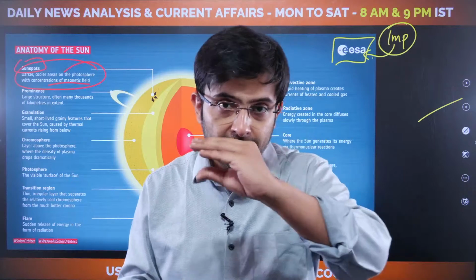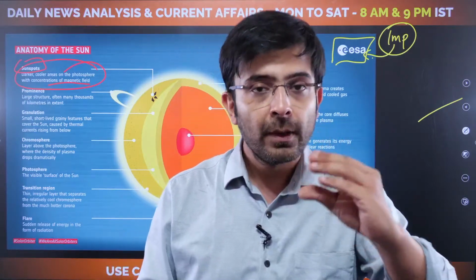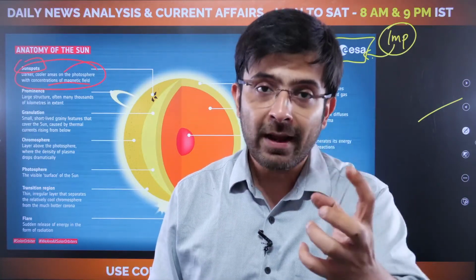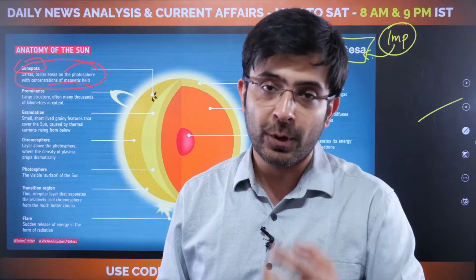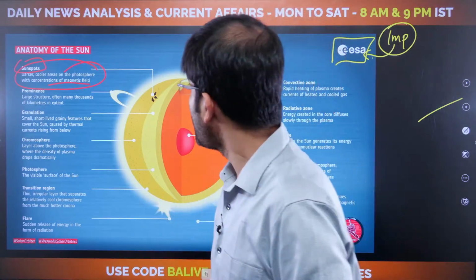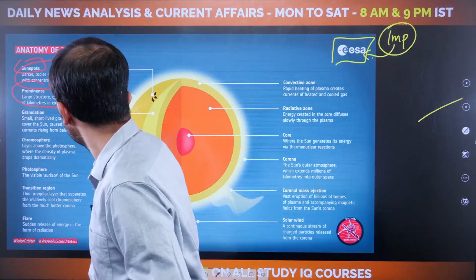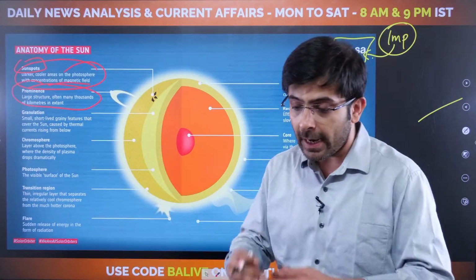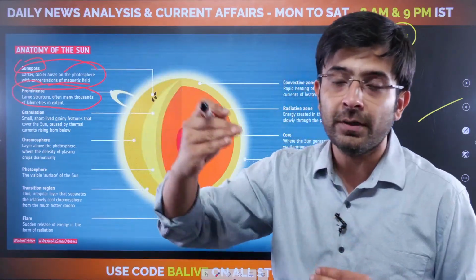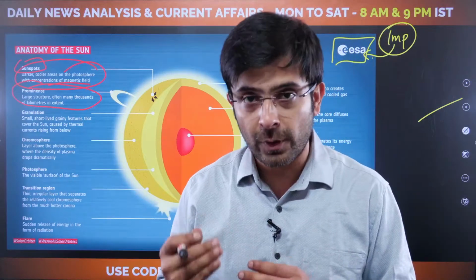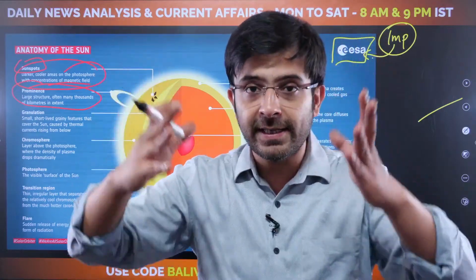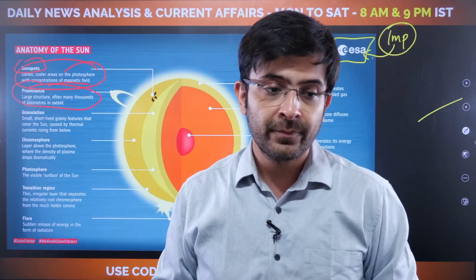During that intervening period when they are cool, they lose color, they become black, which is observed on Earth as sunspots. Then you have prominence, which is an outward extension of the sun's outermost corona. A lot of material is released, that is prominence.